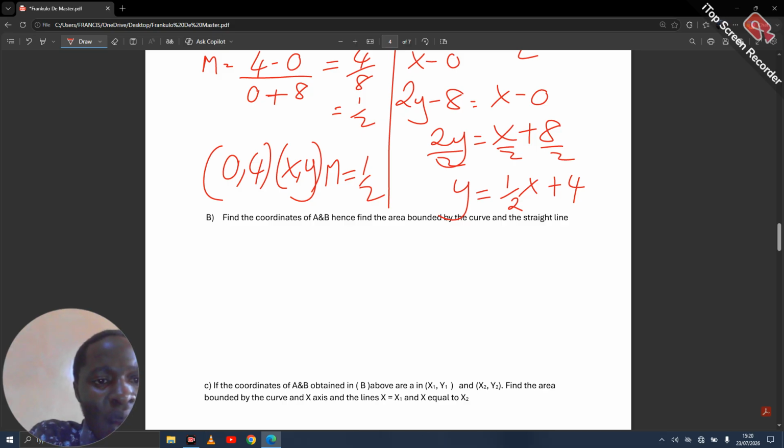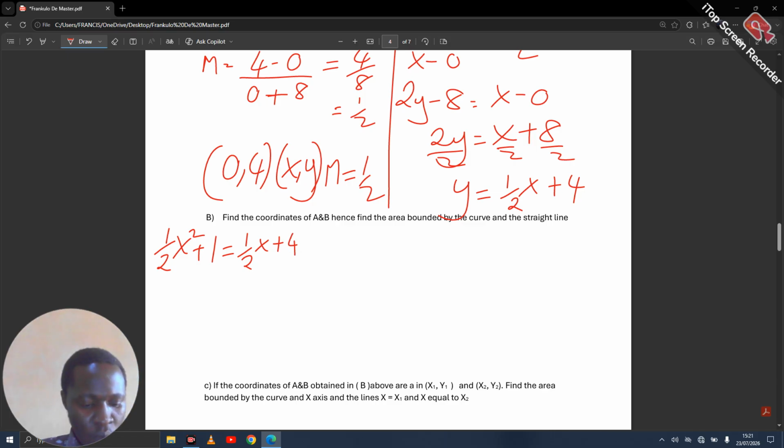So it is now a half x squared plus 1, equate to a half x plus 4. Solving this, we shall have a half x squared minus a half x minus 3 is equal to 0.